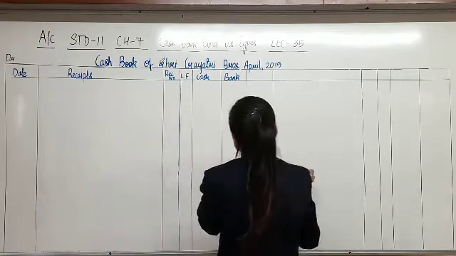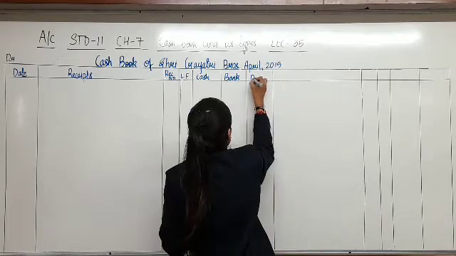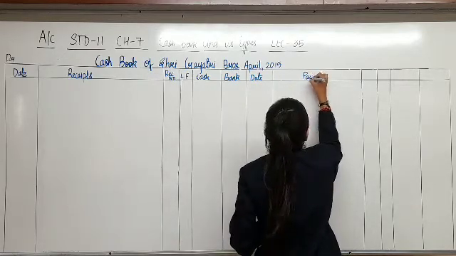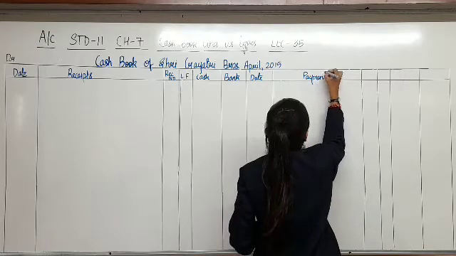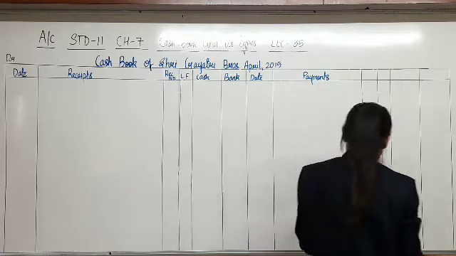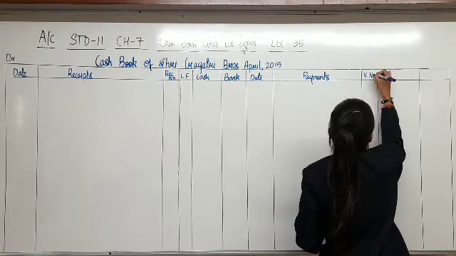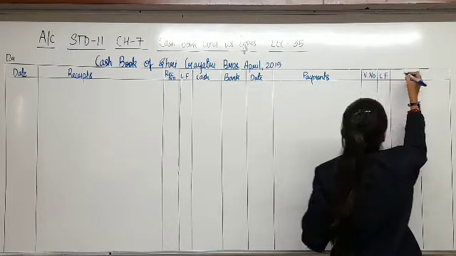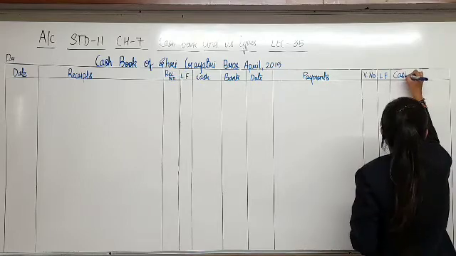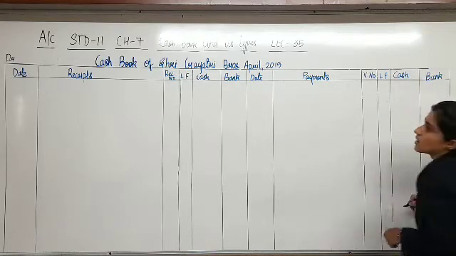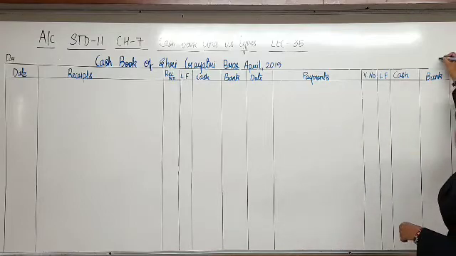Again, the second side starts now. Date, payments, voucher number, LF, cash, bank, debit, credit.